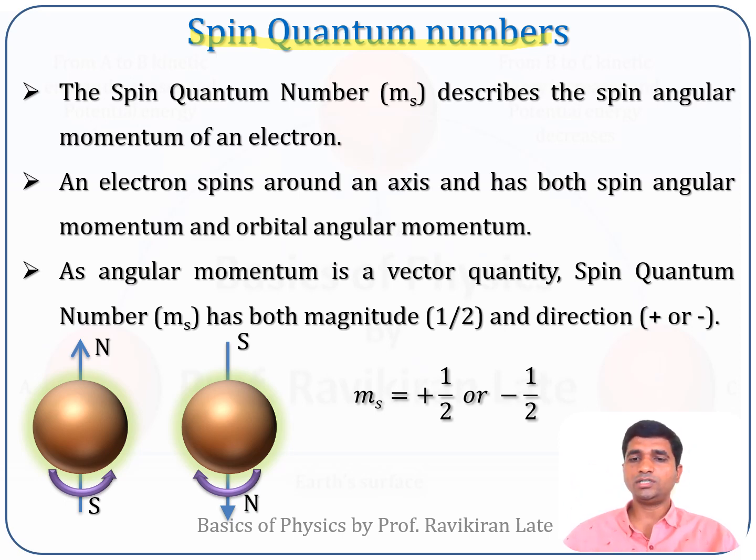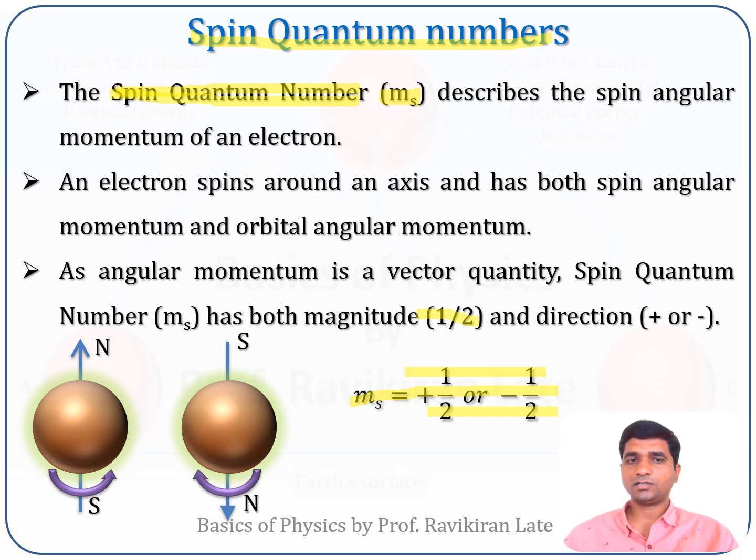Depending upon how the electron is revolving, clockwise or anti-clockwise, the spin of the electron has a quantum number associated with it, called the spin quantum number, which is denoted by the letter ms. This spin quantum number can take the values plus half and minus half depending upon how the electron is revolving about its own axis. Depending upon that, it can have plus spin and minus spin.